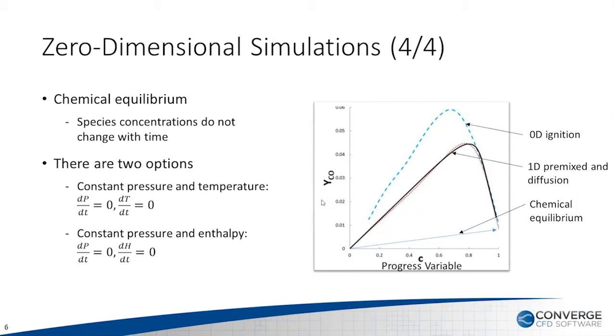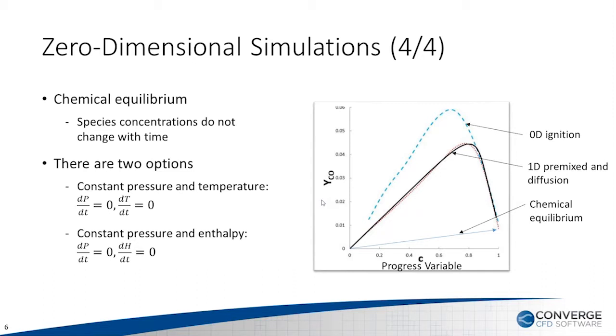For transient 0D solver, similar to constant pressure, temperature, constant volume, I just talked a couple slides before. Those are solving transiently. As shown on this plot, you actually can get the mass fraction of CO at any progress variable from 0 to 1.